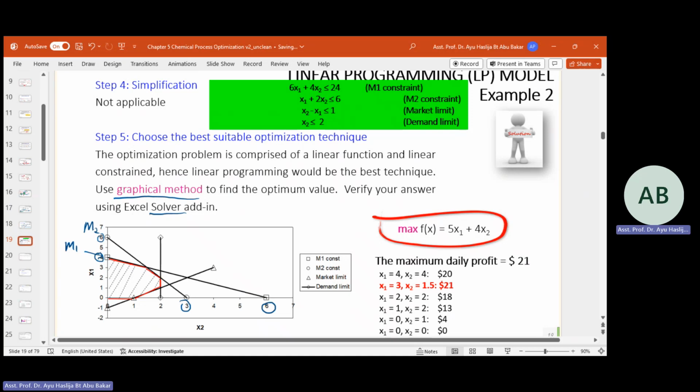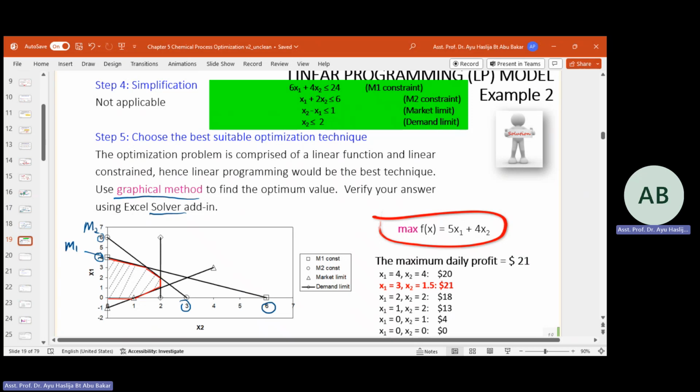Okay, why do we start at 0? Why do we choose 0 for each axis? It cannot be negative, correct?